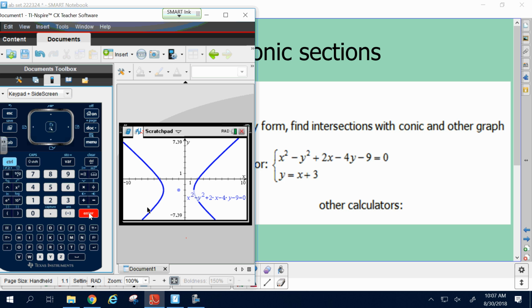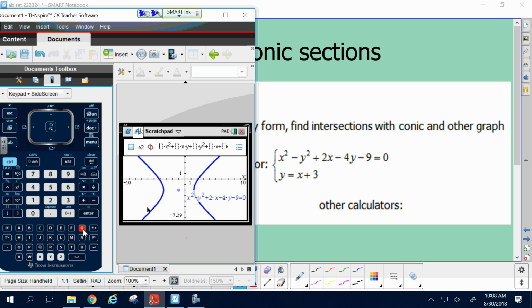Now, I don't know if it'll let you go back to function mode. I think once you're in this mode, you have to stay in that mode, yeah? So if you go to input the next graph, this here would have to be put in general form, everything on one side. So that's more like x minus y plus 3 equals 0.